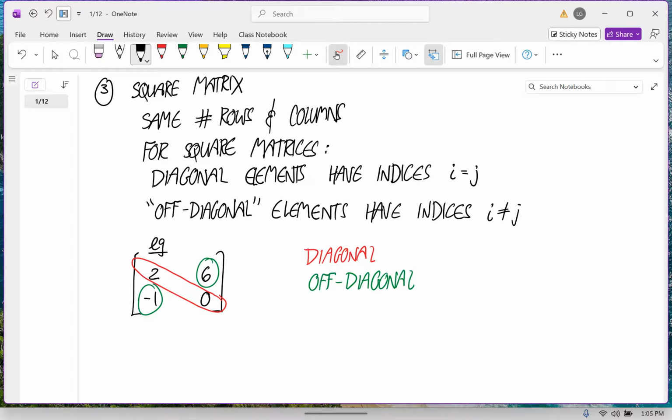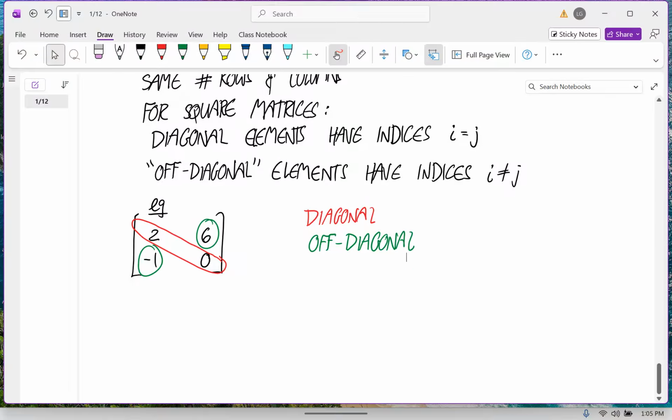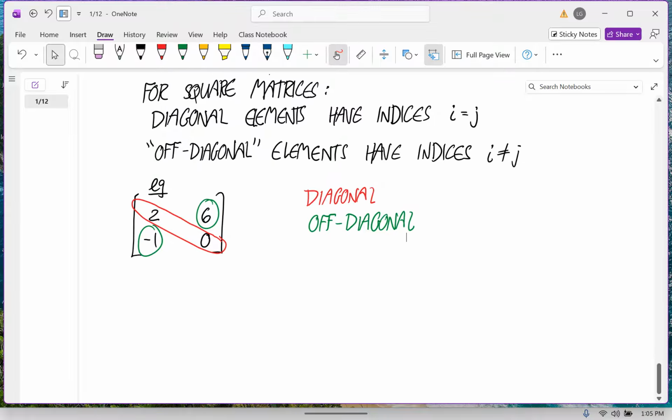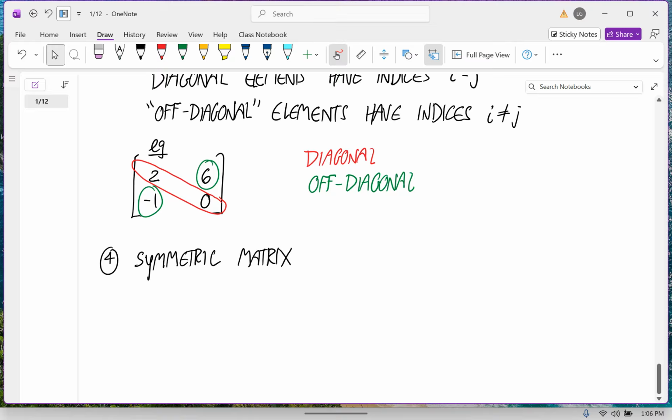And then the last definition we'll do today is a symmetric matrix. And a symmetric matrix always has to be a square matrix.